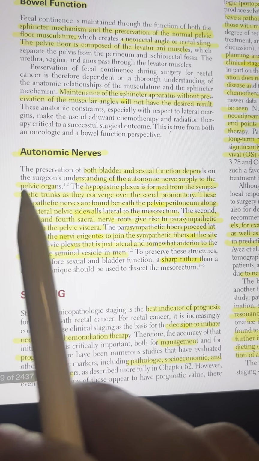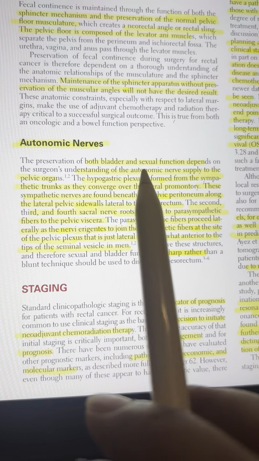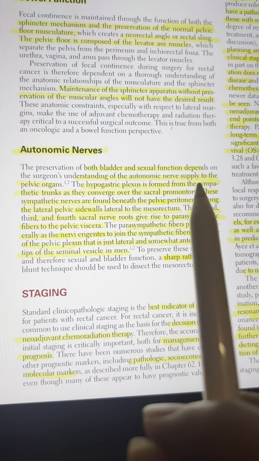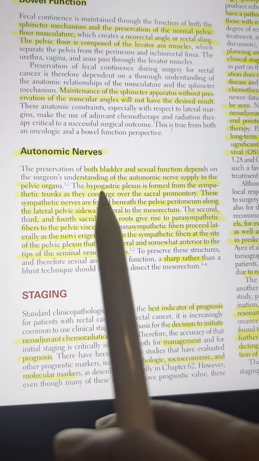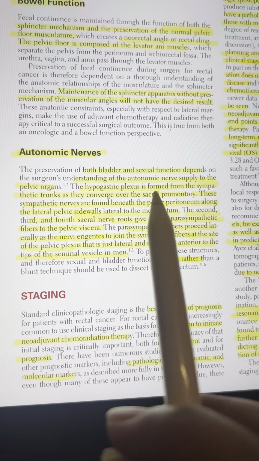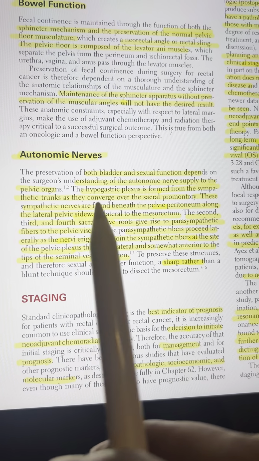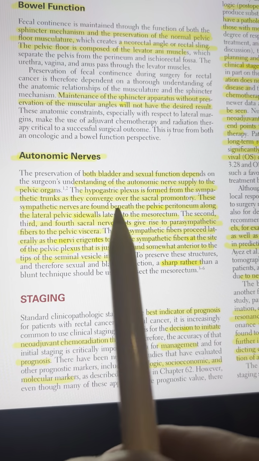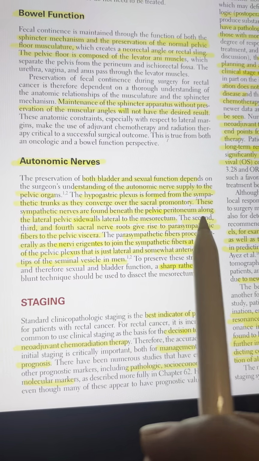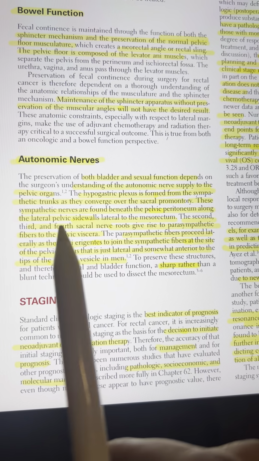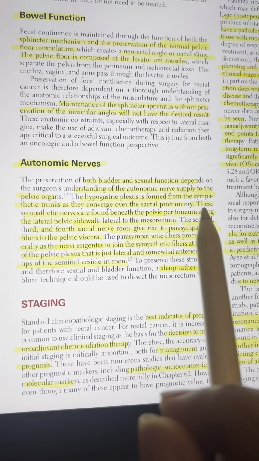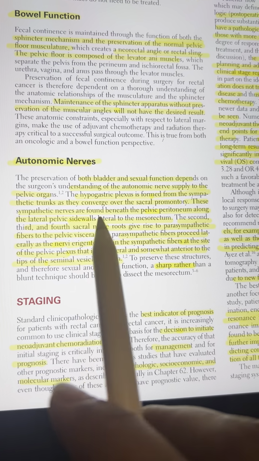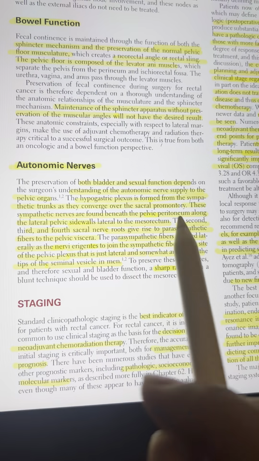Now we'll see the autonomic nerves. The preservation of both bladder and sexual function depends on the surgeon's understanding of the anatomic nerve supply to the pelvic floor. The hypogastric plexus is formed from the sympathetic trunk as they converge over the sacral promontory, and the sympathetic nerves are found beneath the pelvic peritoneum along the pelvic side walls lateral to the mesorectum.